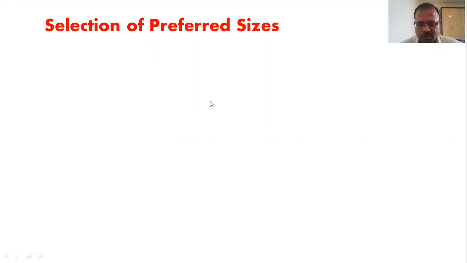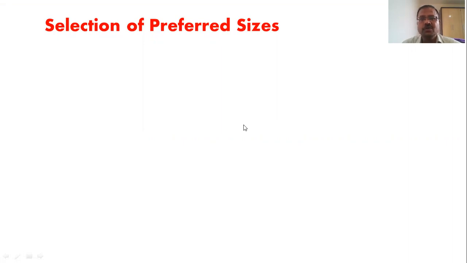For example, if we are talking about a manufacturer which is manufacturing refrigerators in different capacities, where we are talking the capacity of the refrigerator in terms of its volume, it is 165 liters, 200 liters, 230 liters, and so on. Again, taking the example of an electric motor, the power of the electric motor is either 0.5 HP, 1 HP, 2 HP, 3 HP, 5 HP, and so on.